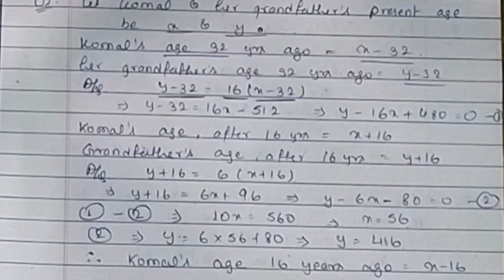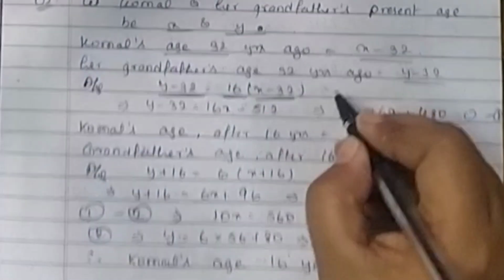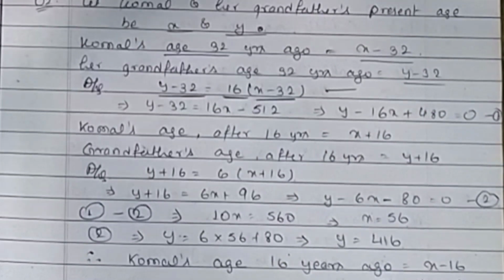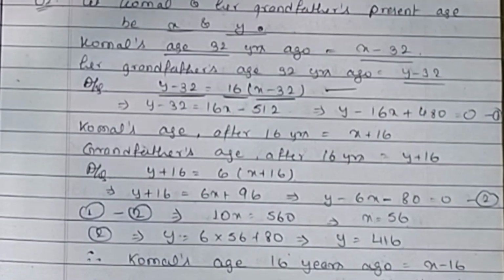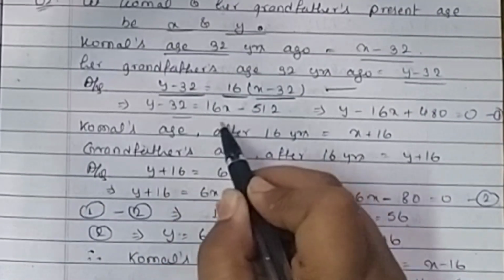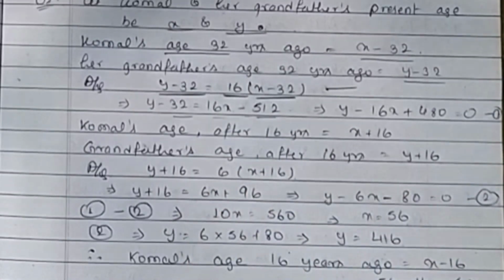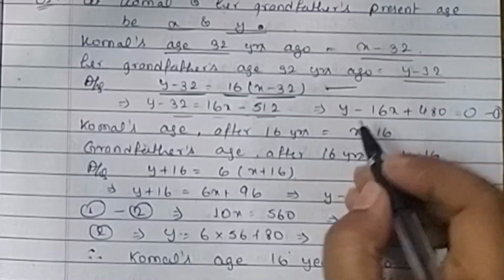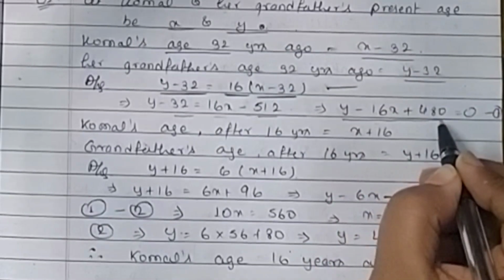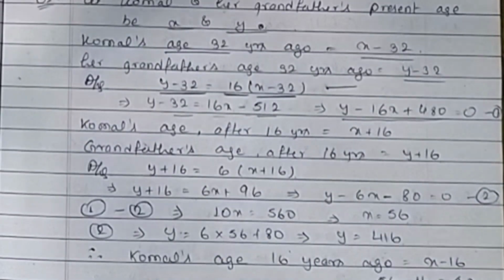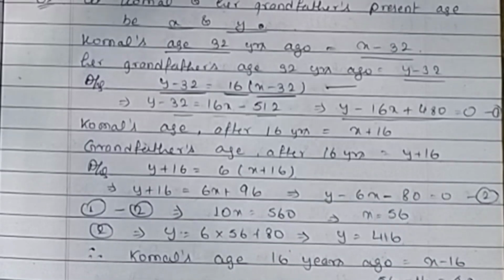By using this statement, we have made our equation. If we solve it further, we will get y minus 32 is equal to 16x minus 512, and hence we got our first equation, which is y minus 16x plus 480 is equal to 0. So this becomes our first equation.